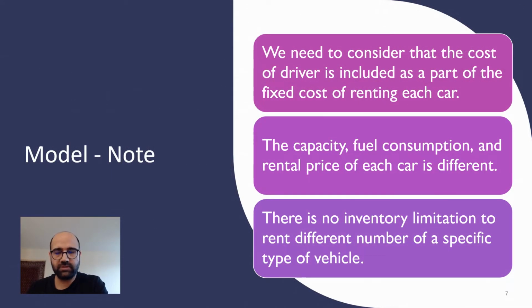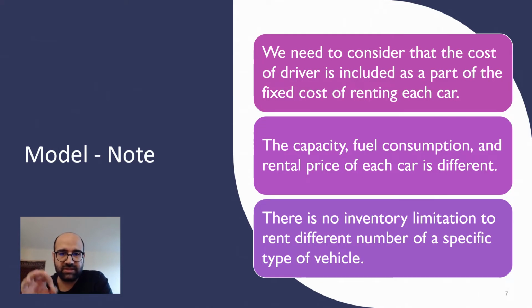You just need to consider that the cost of the driver or operator is included as part of the fixed cost. Also, the capacity, the fuel consumption, and the rental price of each car are different. And there is no inventory limitation to rent different numbers of cars.